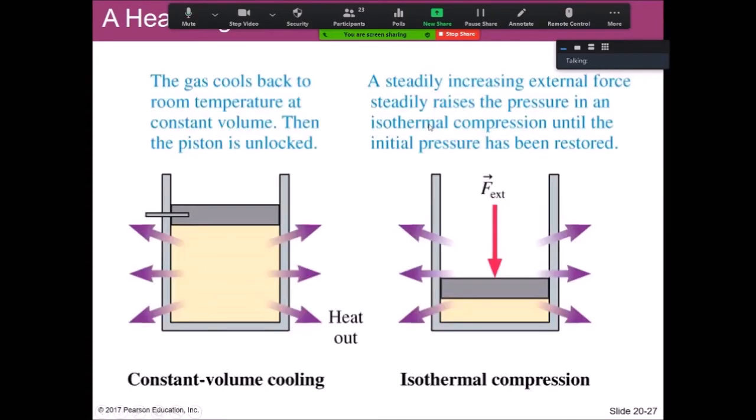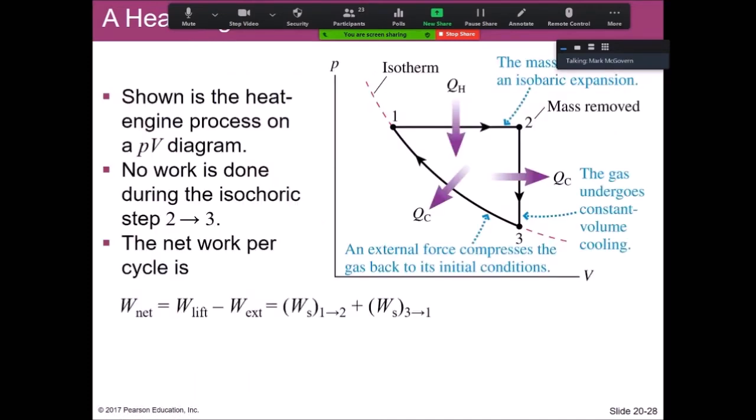All right. My goodness, I'm all over the place here. All right. So how is this going to look on a PV diagram? Here we go. We start up here at point 1. Heat is placed into our system in an isobaric process. Once we get to step 2, we have a higher volume, we have a higher temperature. The mass is taken off, we apply the pin, and we let the system cool off. And so we have our QC, where energy is being removed.